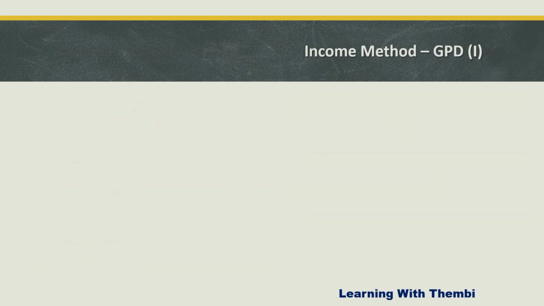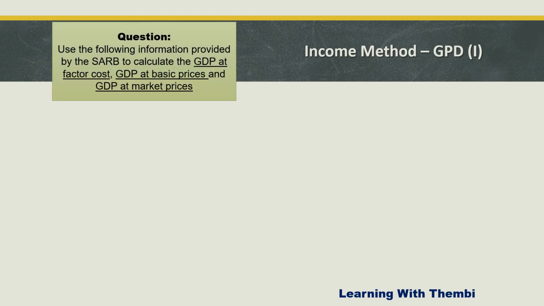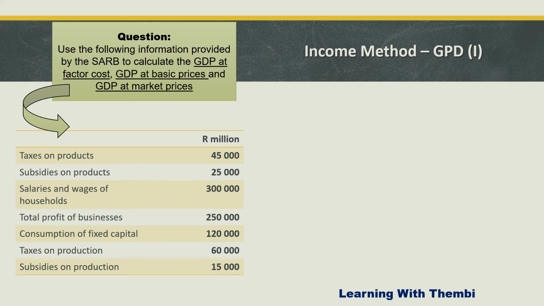Now, let us look at an example of how a question can be posed asking you to calculate the GDP using the income method. Here's a question. It says: use the following information provided by the South African Reserve Bank to calculate the GDP at factor cost, the GDP at basic prices, and the GDP at market prices. This is the information provided to you.